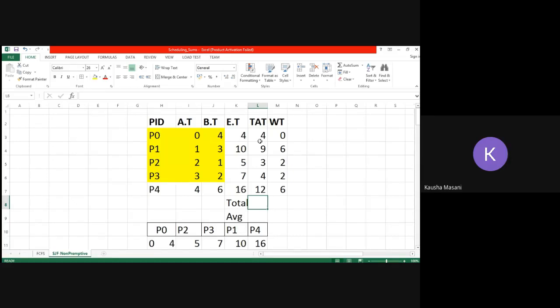Madam, total is 16 and average is 3.2. Okay, the average TAT is 6.4, not 6. Yes, average is 6.4. It is because of my column.